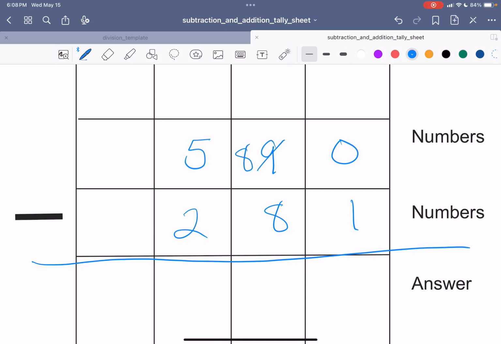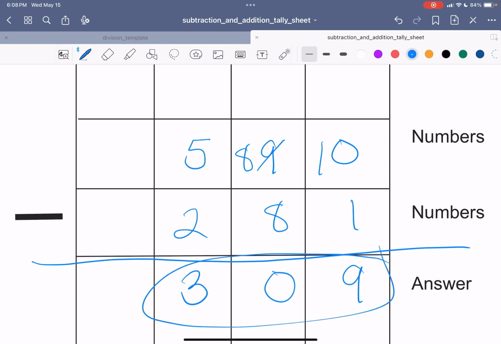And the 1 we borrowed from the 9, we're going to give it to the 0. And the 0 is going to become 10. 10 take away 1 is 9. 8 take away 8 is 0. 5 take away 2 is 3. The final answer is 309.